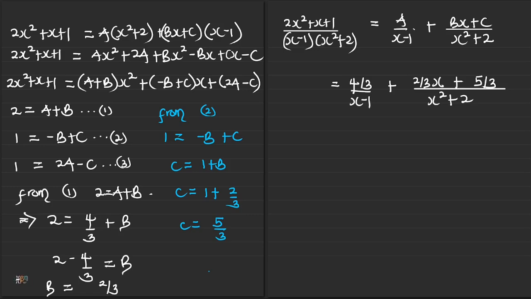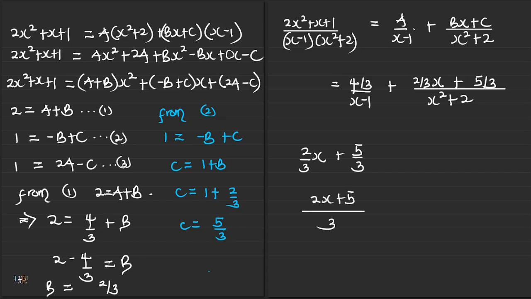2. Now, we would have to look for a better way to write this. So remember, if we want to add the numerator, 2 over 3 x plus 5 over 3, since the denominators are the same, we can write it over 3, that is, they are like terms. So 2x plus 5.